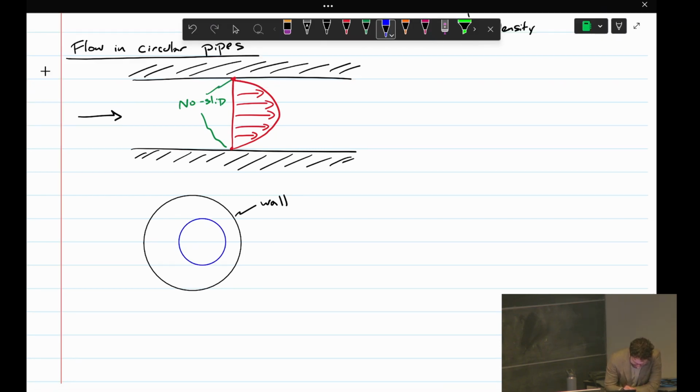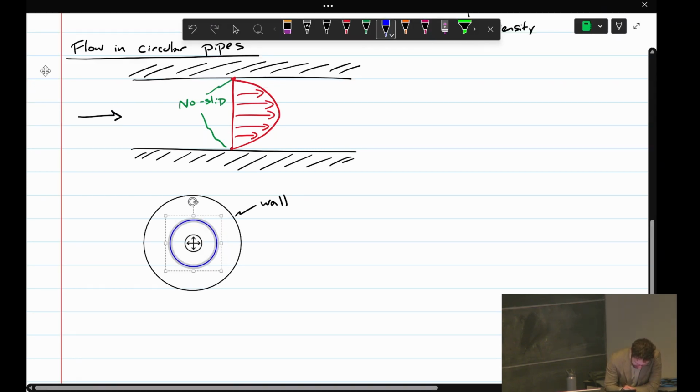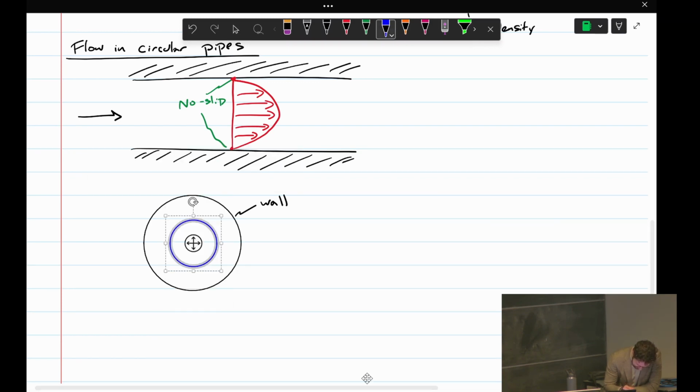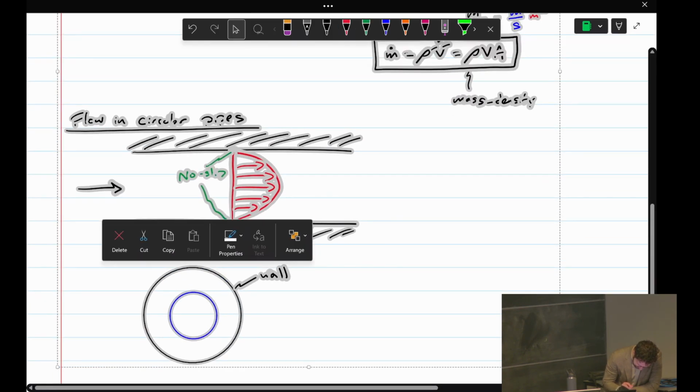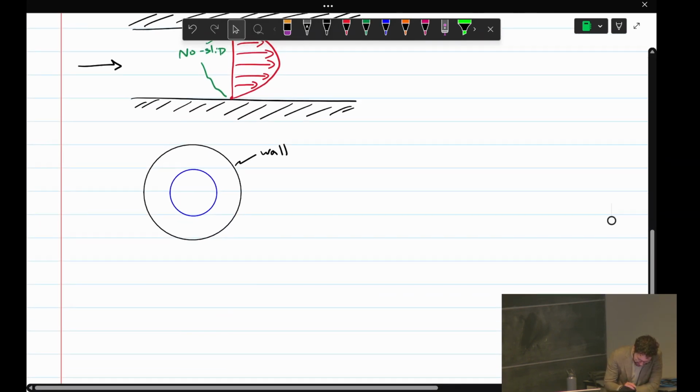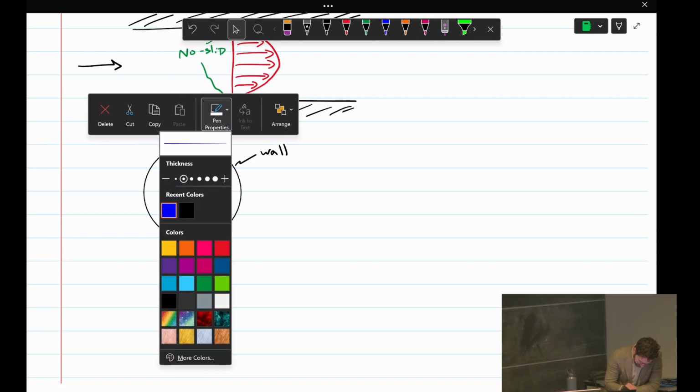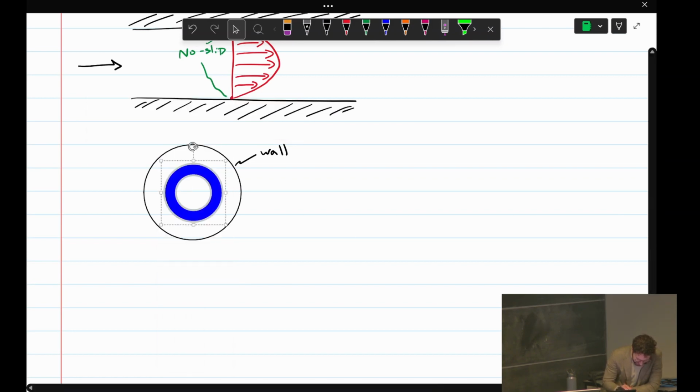What I'm doing right now is I'm setting up an integration. So let's set up an integration by considering a small element along this area. So this is an area element.